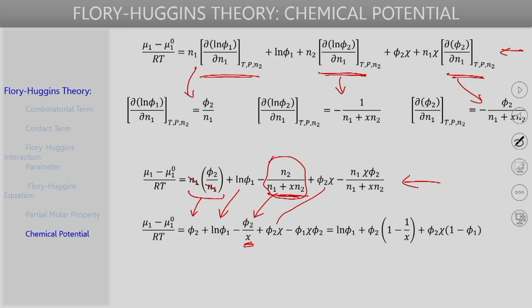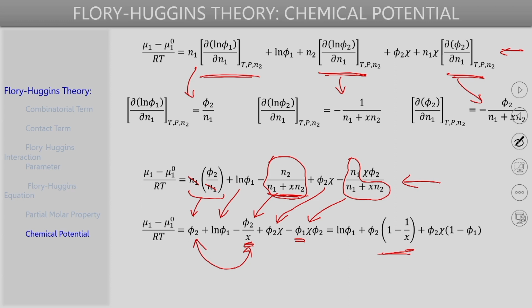The fourth term again we are leaving as it is, and in the last term, this ratio n1 by n1 plus x n2, we know that this ratio is just the definition of phi 1. So the last term becomes phi 1 times the chi parameter times phi 2. In the next step we can combine these two terms, because phi 2 is common. By combining, these two become phi 2 times 1 minus 1 by x.